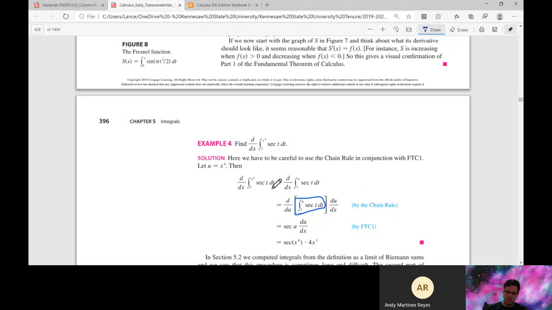So du/dx is equal to, and so since you let x to the fourth equal u.